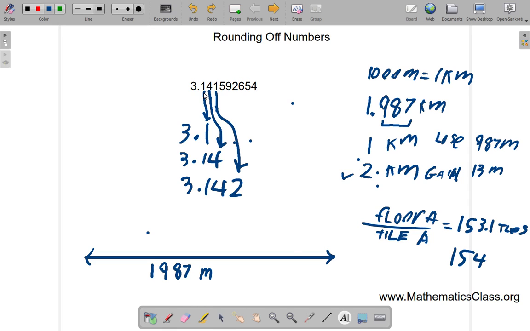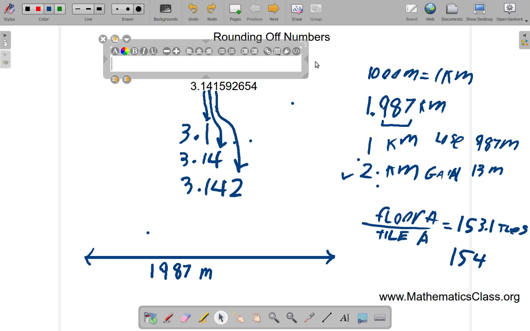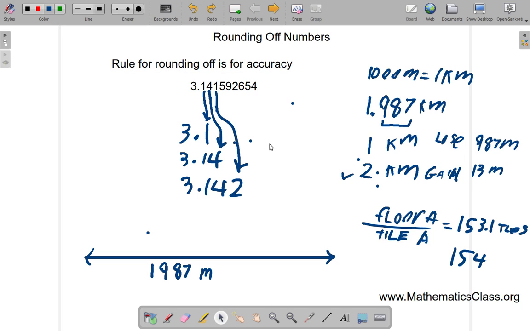So the rule of rounding off is to ensure accuracy.